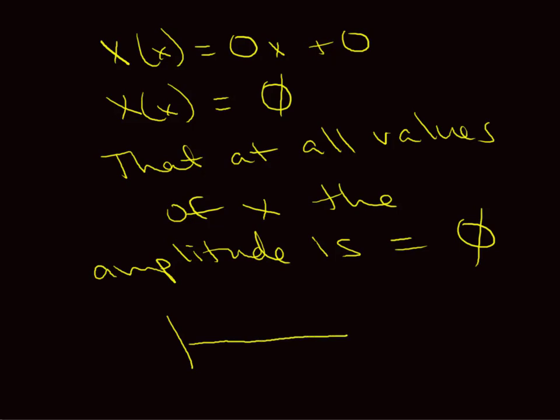And so basically, you would just have a flat line along your guitar string regardless of position. While this is mathematically a solution, it is extremely boring and is something that we need to disregard. It is a trivial solution.